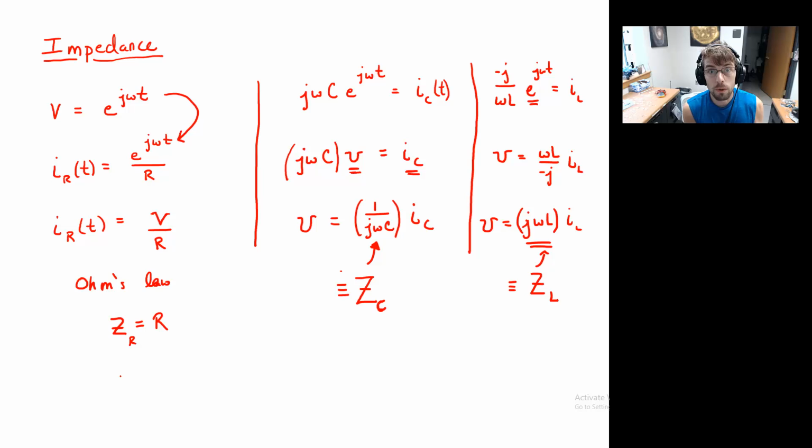And notice that the relationship is linear between the current and the applied potential. We can therefore add impedances according to the rules that we developed for resistors.